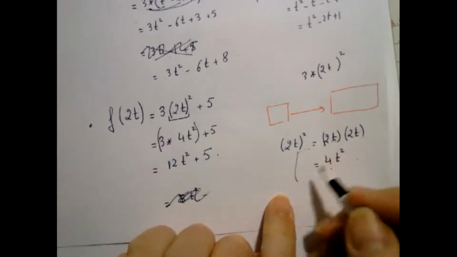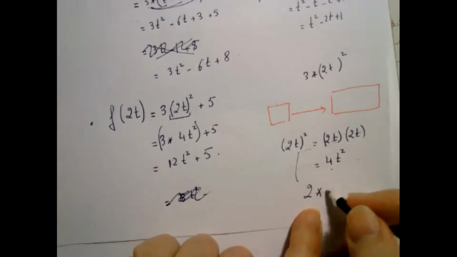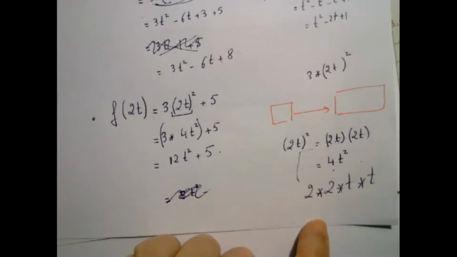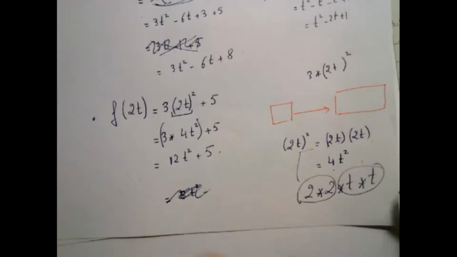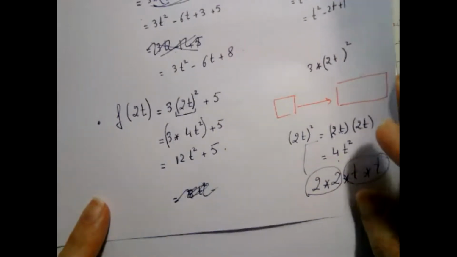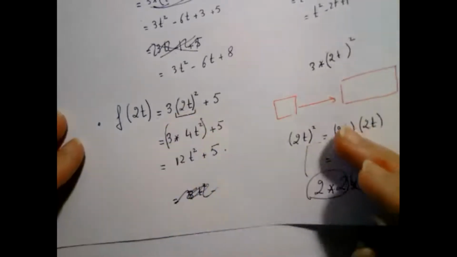So this will become 2 times 2 times t times t. It's the same thing. We didn't do that whenever we did f of t plus 1. It was the same process, but it depends what you have inside for input.